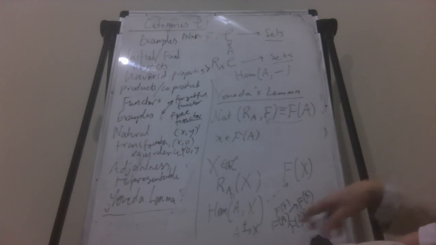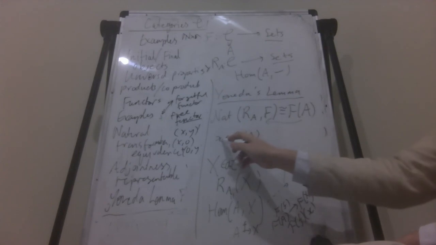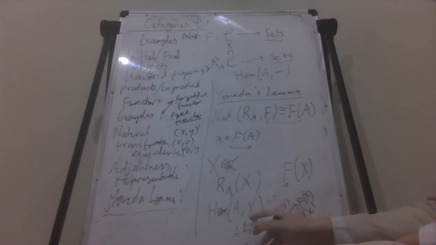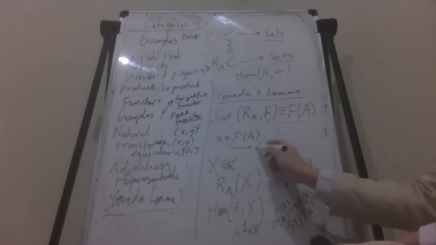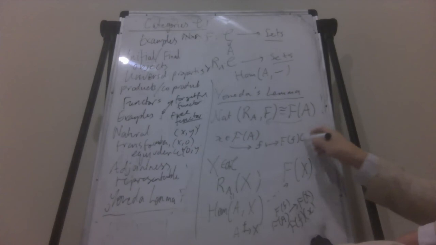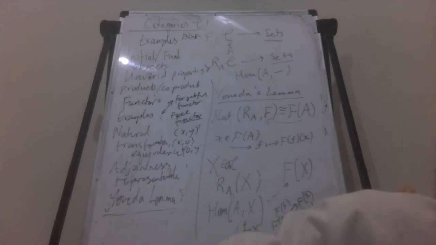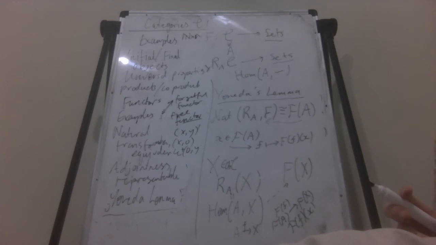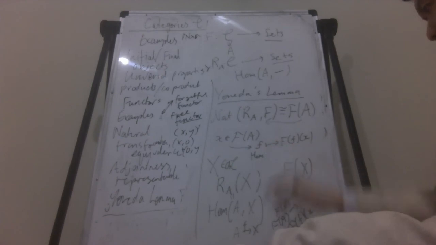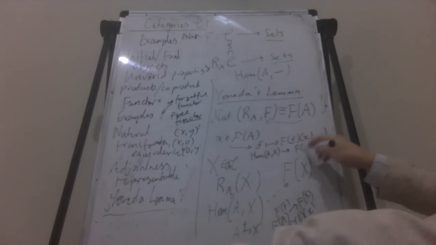Okay. So the map that you get, so for this X, the natural transformation that you get, right, is defined by this function that takes F to F of X. Yeah, see, this is a function from hom AX to F of X, yeah?